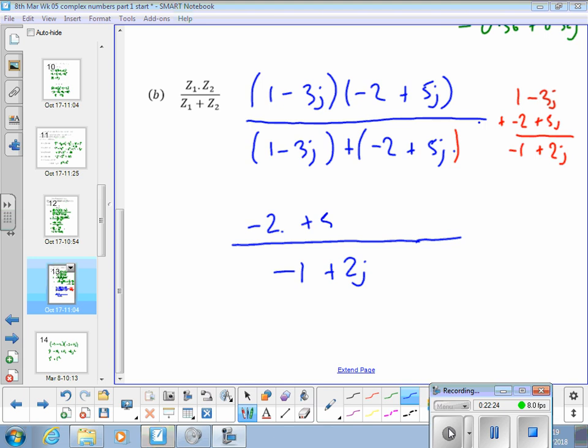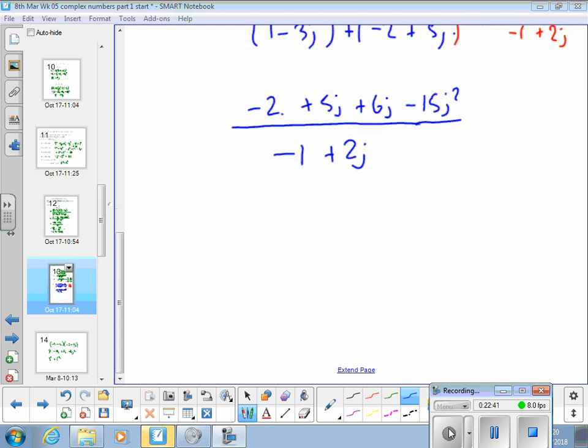Plus 5j, plus 3. The top line, that makes that, so that must be 15 plus 11j.